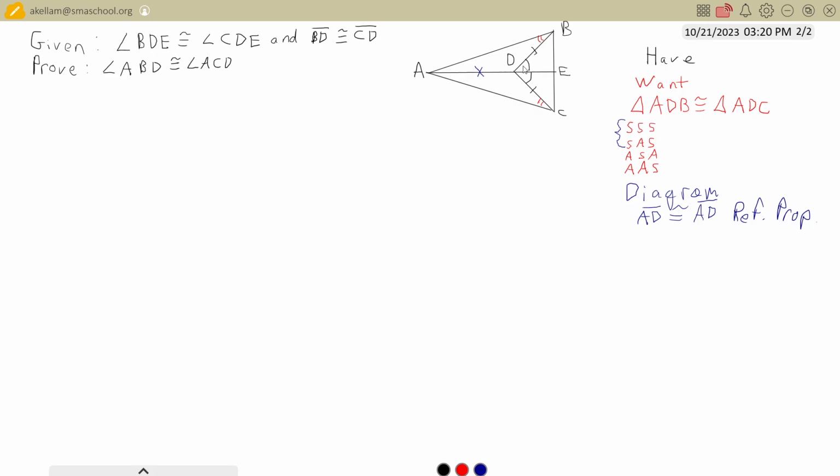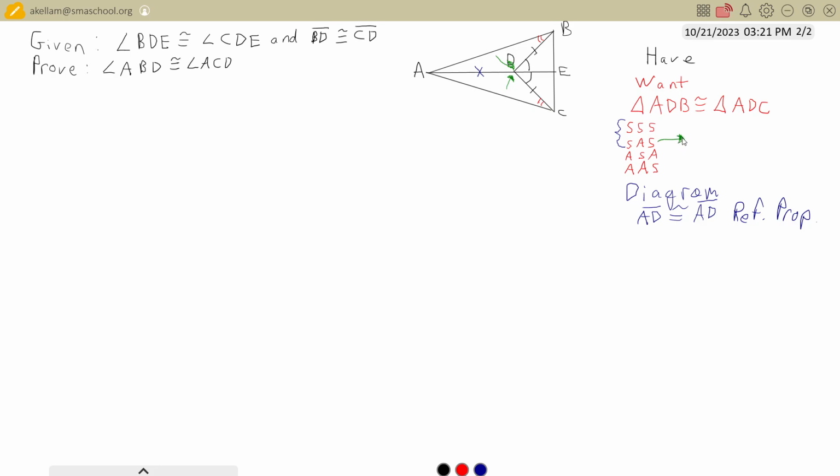Now, at first glance, neither of those angles are inside the two triangles that I care about. But those two angles do form a linear pair with this angle and this angle. And those two angles are in my triangles that I want to show are congruent.